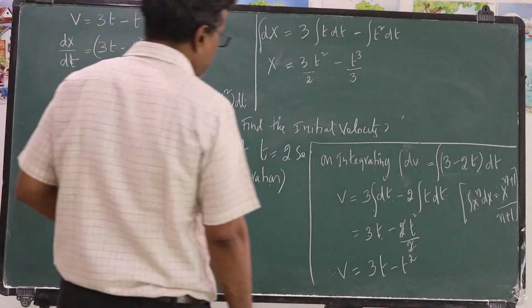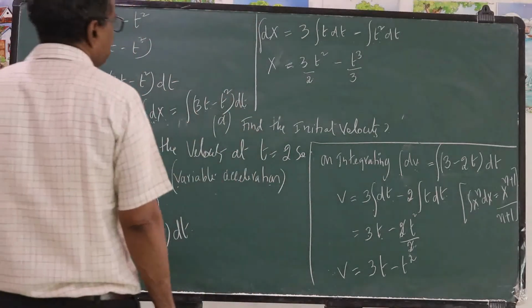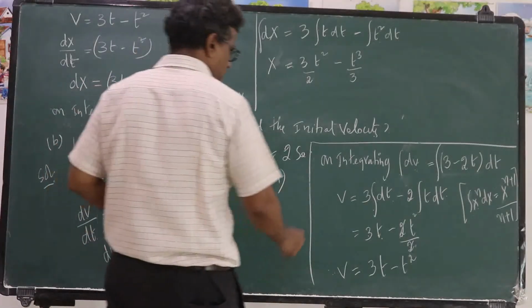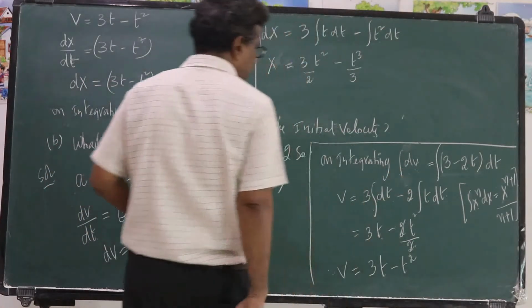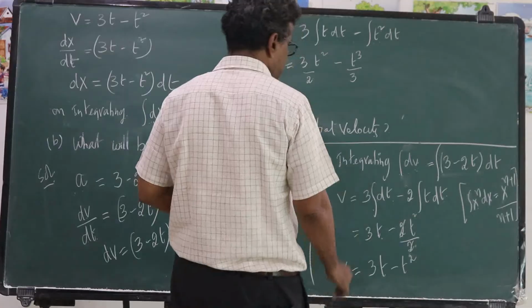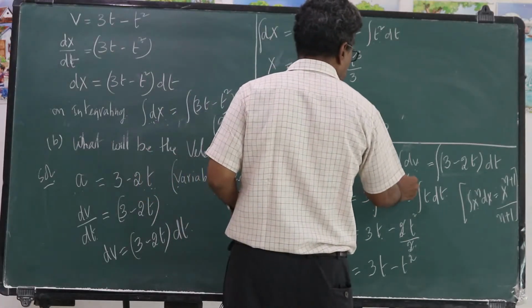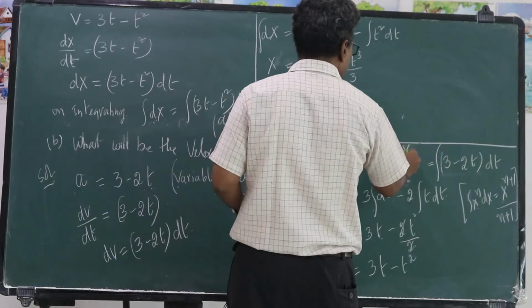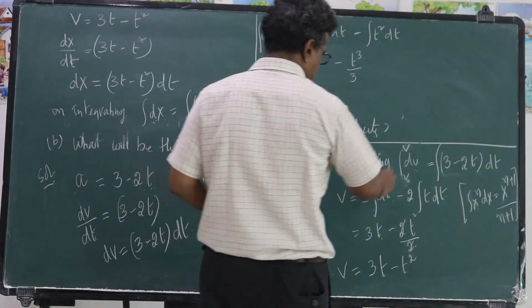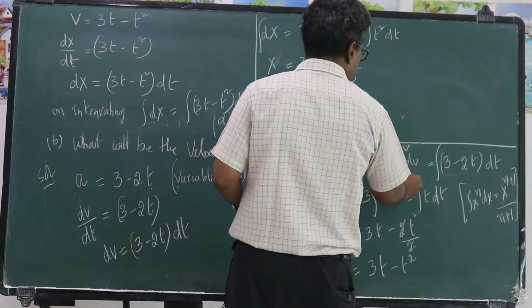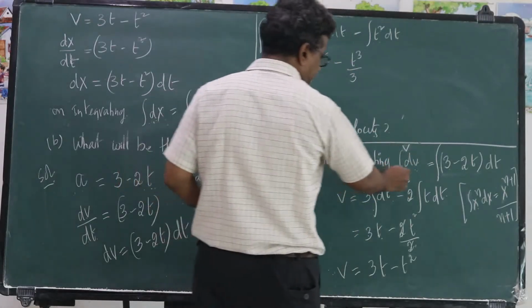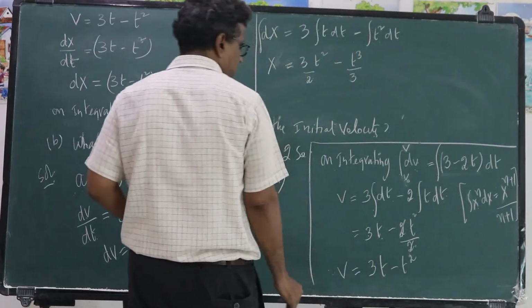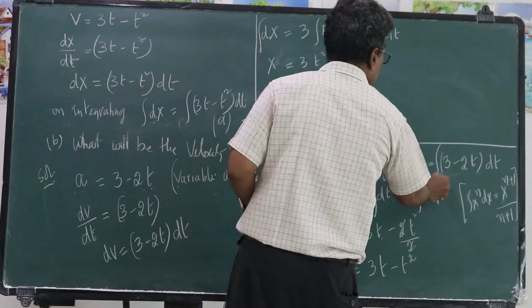On integrating with the limits, you substitute the limits. We want the initial velocity, let it be v naught, and velocity is a function of t. The initial velocity we don't know, so you integrate with the proper limits, 0 to t.